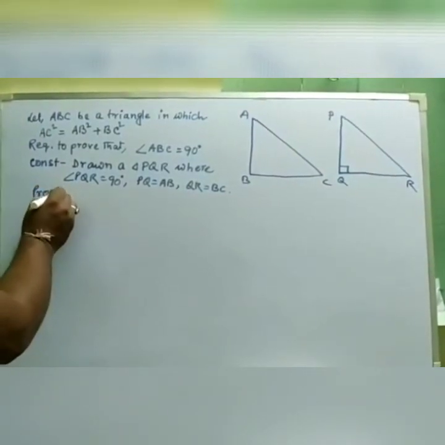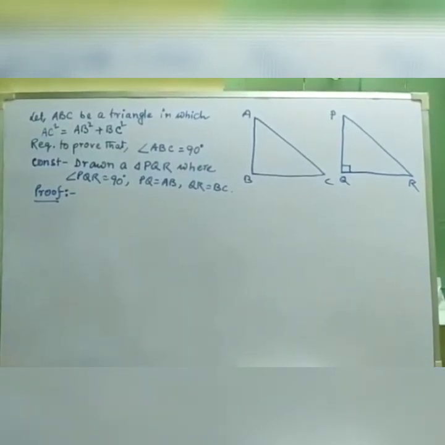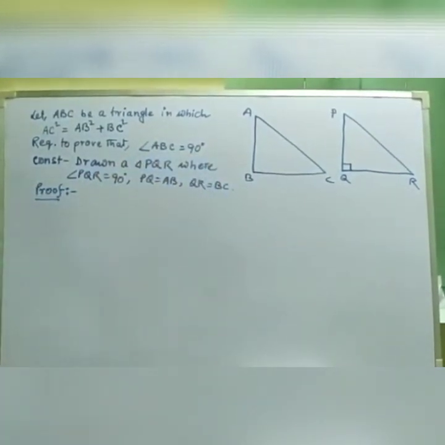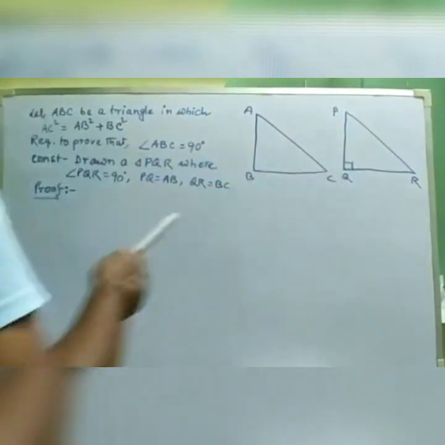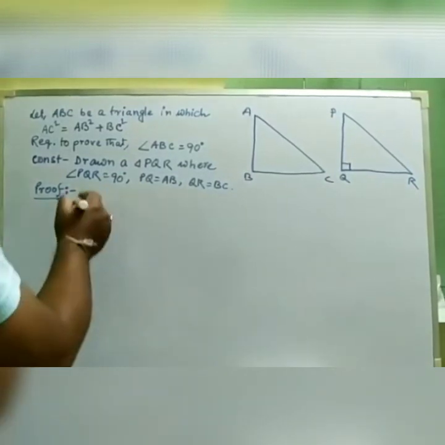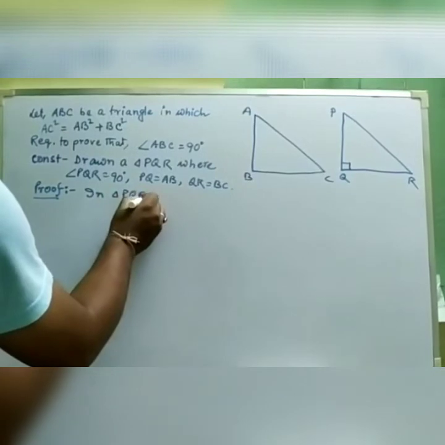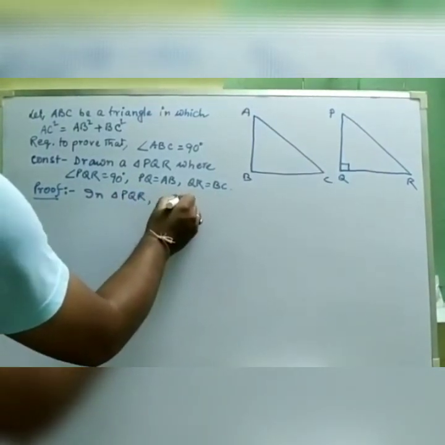So how to prove that this angle ABC will become 90 degrees? That I am showing you here. You can see by construction you have a right angle triangle, so there we can use the Pythagoras theorem. So in triangle PQR, angle PQR is 90 degrees.